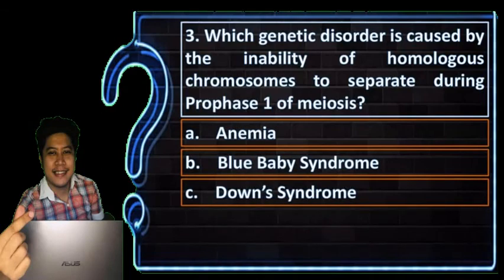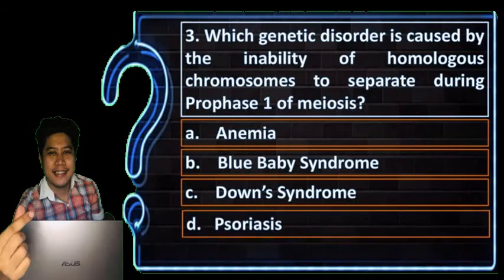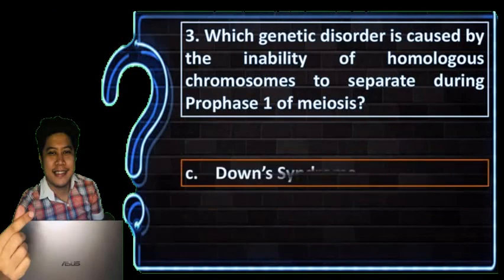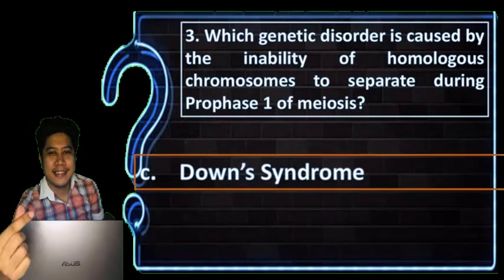C. Down syndrome. D. Psoriasis. Timer starts now. Time's up. The correct answer is letter C. Down syndrome.